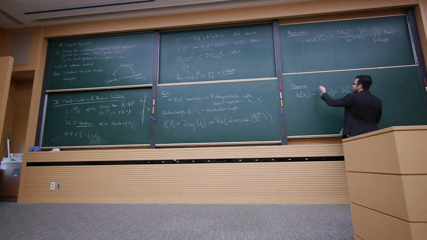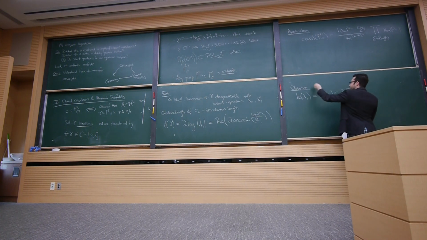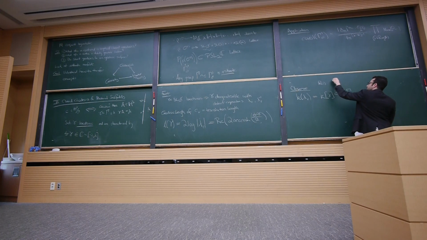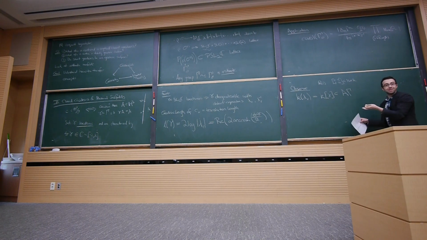I'm thinking of R adjoin i as the same thing as what you get when you adjoin this thing sitting inside of 2 by 2 matrices over R, something like that.